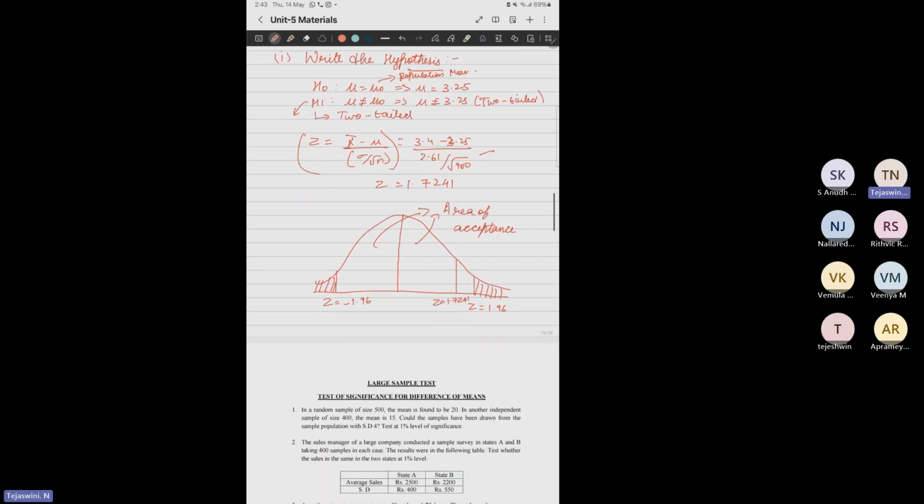So if z lies in this area or this area, we will have to reject H naught. If z lies in this area, that is the area of acceptance, we will have to accept H naught. Since z lies in the area of acceptance, we will accept H naught and reject H1, the alternative hypothesis.